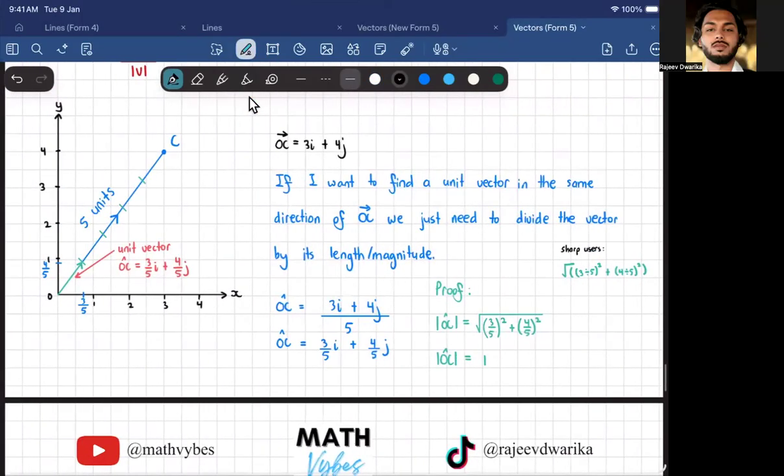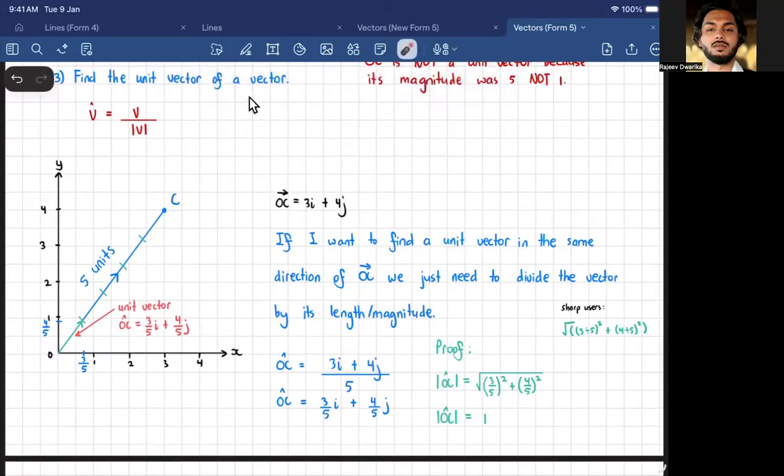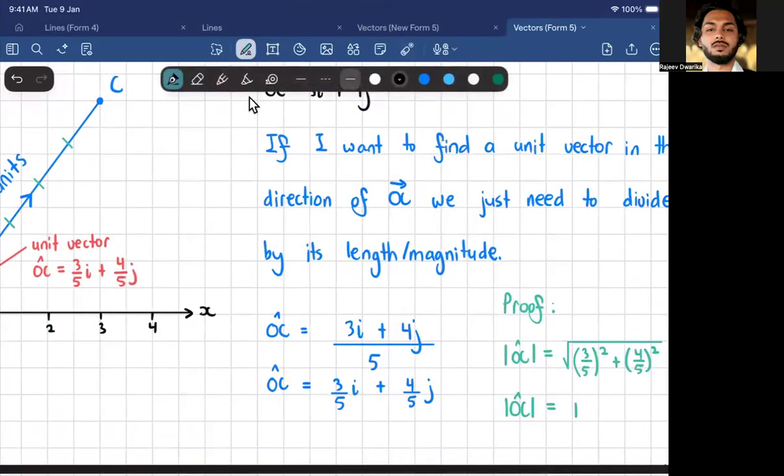All right, so let's just run through this one more time before we move forward, right? So this is actually an example, right? This is an example here. Right, and this is a unit vector.